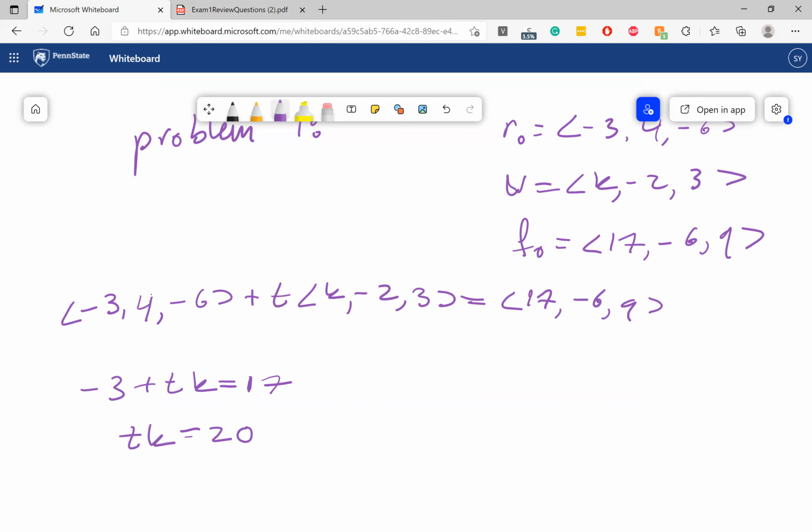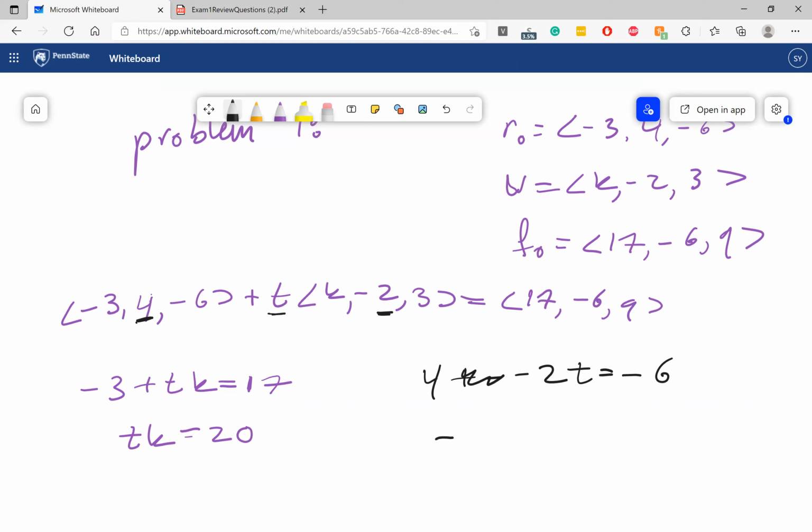Now we can use the second part. So let's use just the y coordinate to figure out what t should be. So this will tell us that 4 minus 2t is equal to -6.